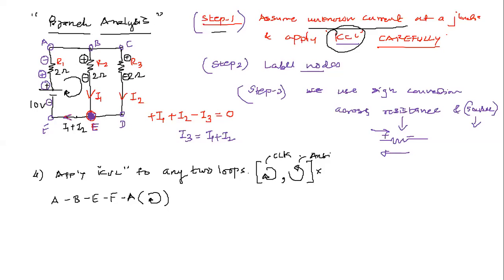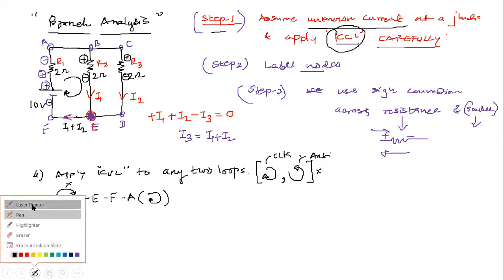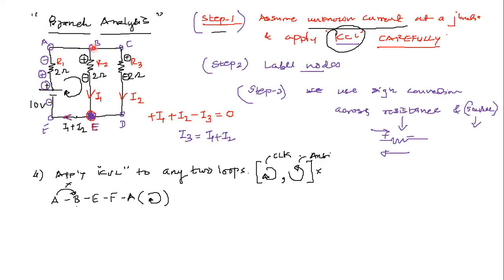So fine. If I follow A to B, nothing is there, right? No parameter is connected. Now B to E, I do see a 2 ohm resistance. From B to E, the current is I1, and I'm going from positive to negative.